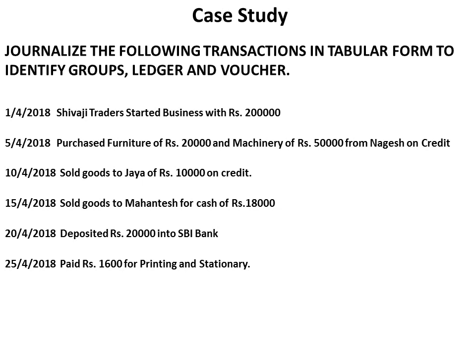Third, sold goods to Jaya of rupees 10,000 on credit. Next, sold goods to Mantesh for cash of rupees 18,000. Next, deposited rupees 20,000 into SBI Bank. Last transaction is that paid rupees 1600 for printing and stationery.